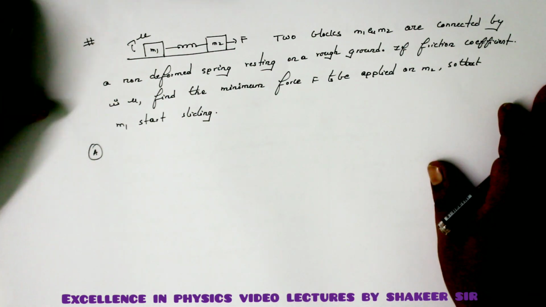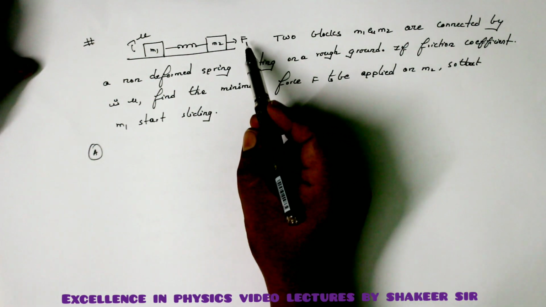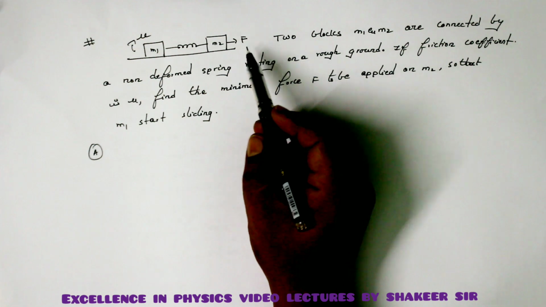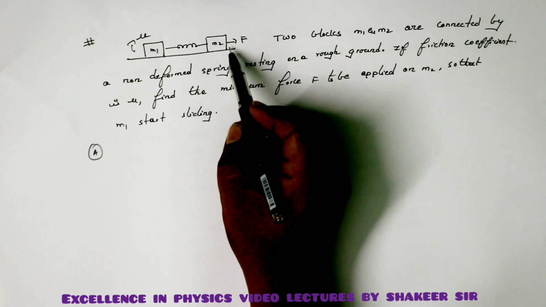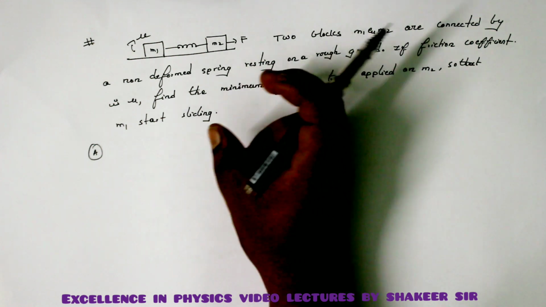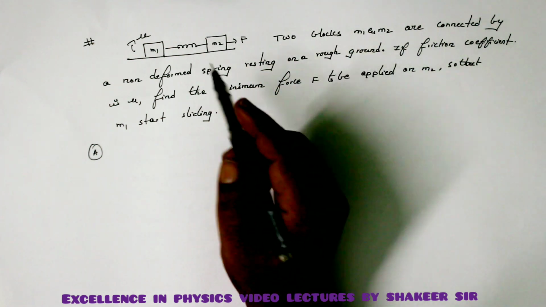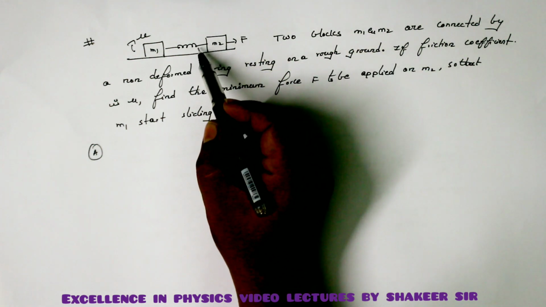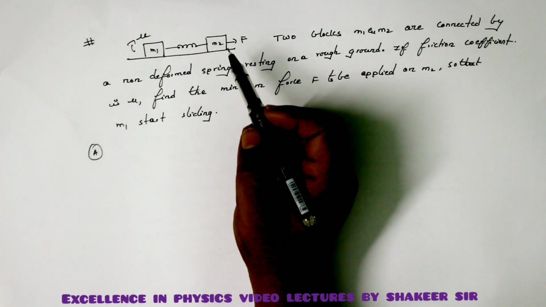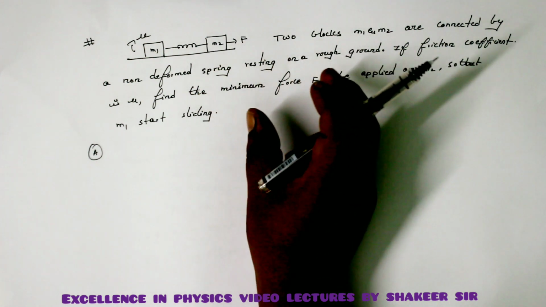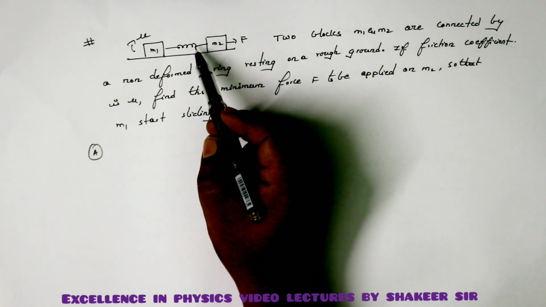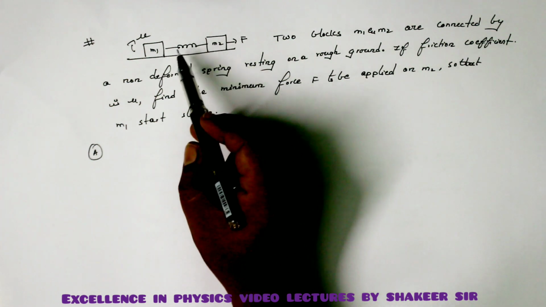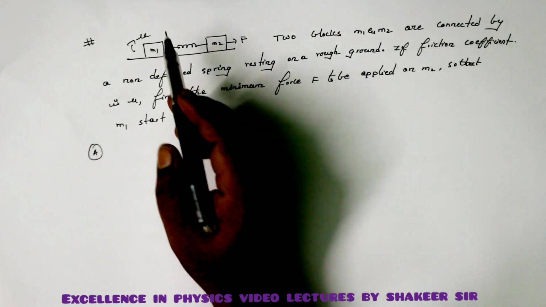So if I start applying force on this mass M2, then what happens? Initially only force F is acting on M2. So if I start pulling this M2, restoring force starts developing inside this spring. So after covering a distance of x, the restoring force developed in the spring will be Kx, and that Kx also gives a force on this mass M1.